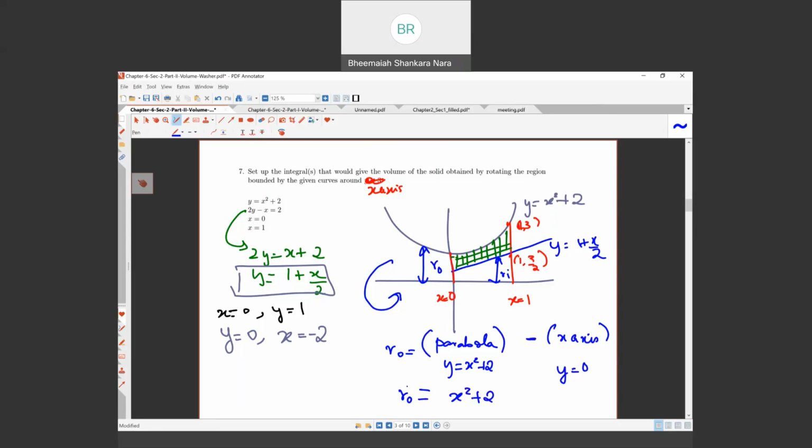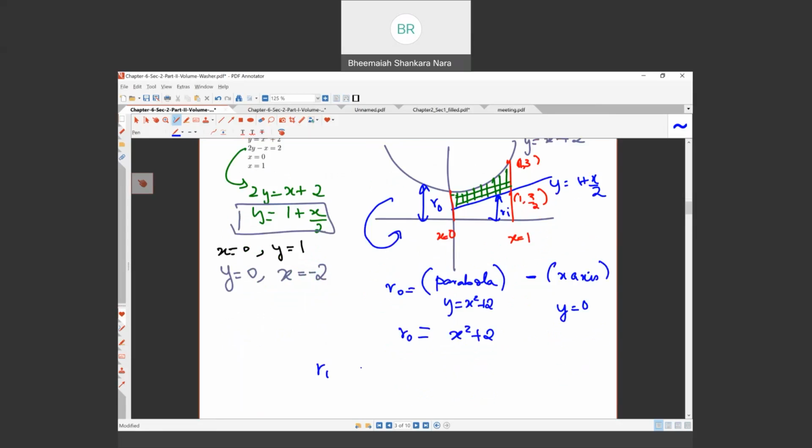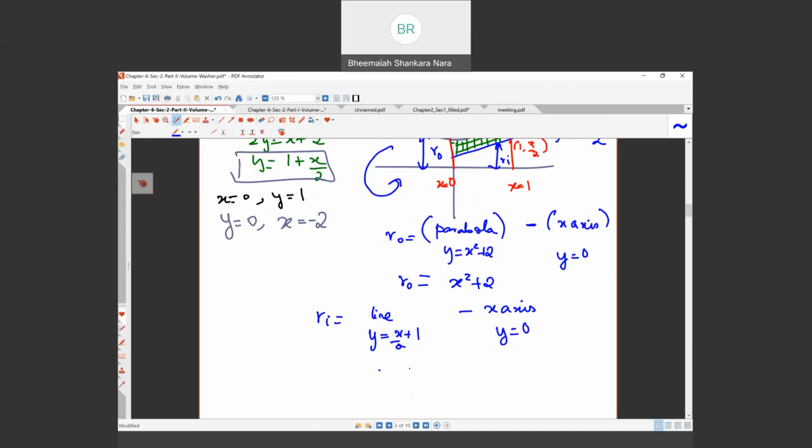Now similarly, let's calculate our r sub I, the inner radius. So it's the line y equal to 1 plus x over 2, minus the x-axis, which is the y equal to 0 line. So when you simplify these two, we get 1 plus x over 2, which is our r sub I.